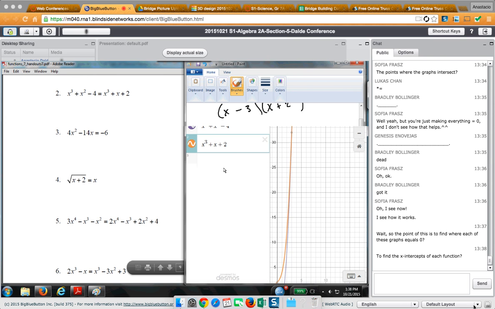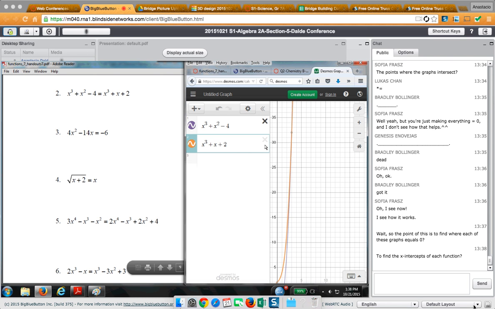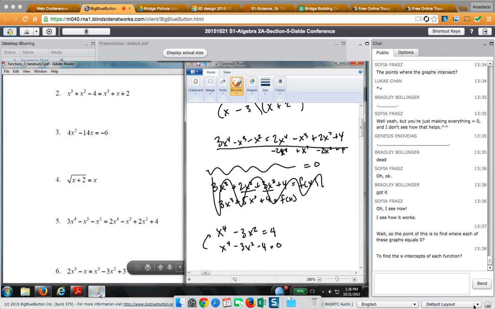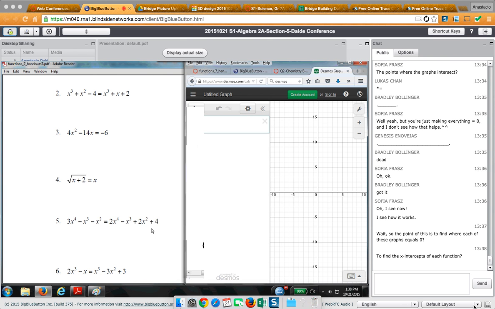Then let's go back to Desmos right here, and we'll graph x to the 4th power minus 3x squared.